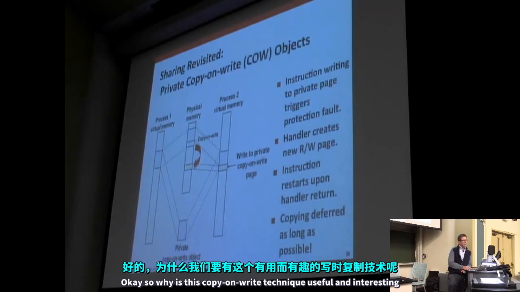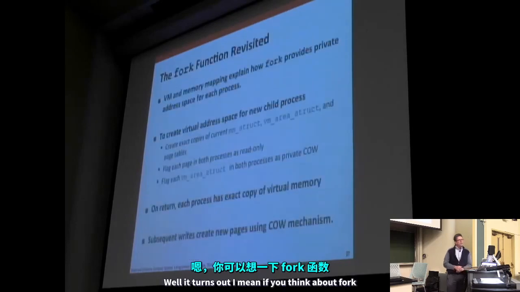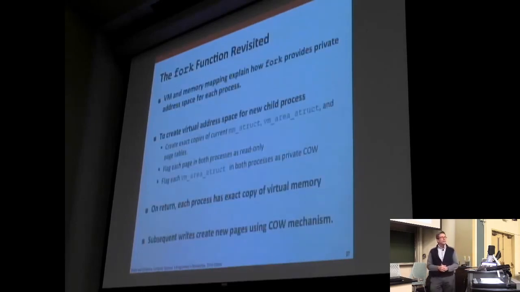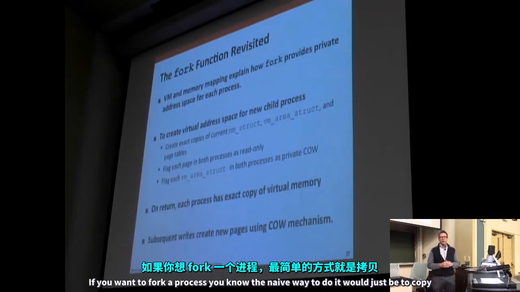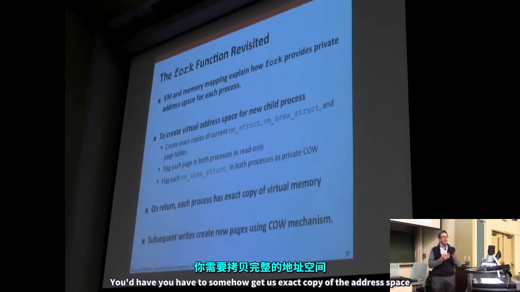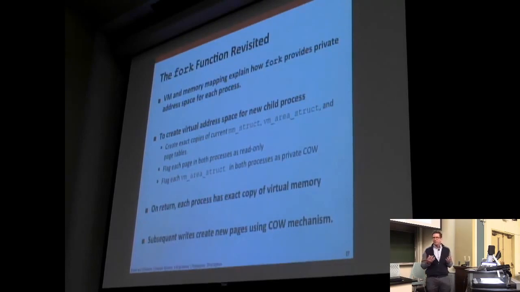So why is this copy on write technique useful and interesting? If you think about fork, it seems like it would be terribly expensive. If you want to fork a process, the naive way to do it would be to get an exact, separate copy of the address space that's identical.